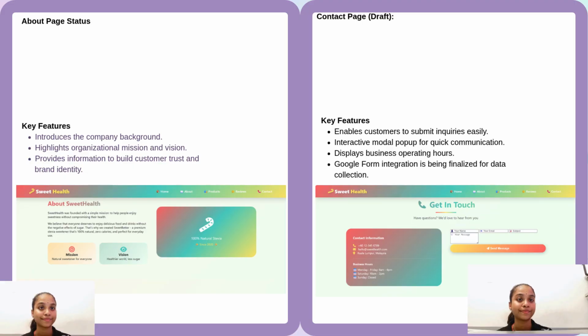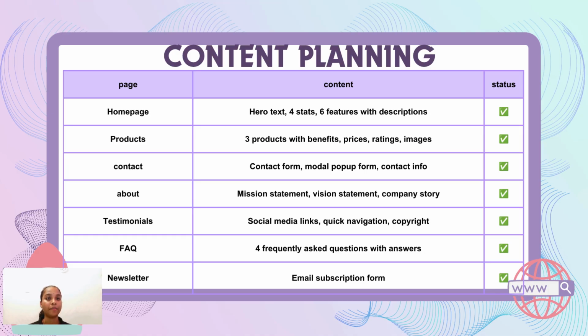Page status, which is the content planning slide. For the home page, there are 3 contents, which are hero text, 4 stats, and 6 features with descriptions. Next, for the products page, there are 3 products with benefits, prices, ratings, and images. For the contact page, there is a contact form, modal pop-up form, and contact info.